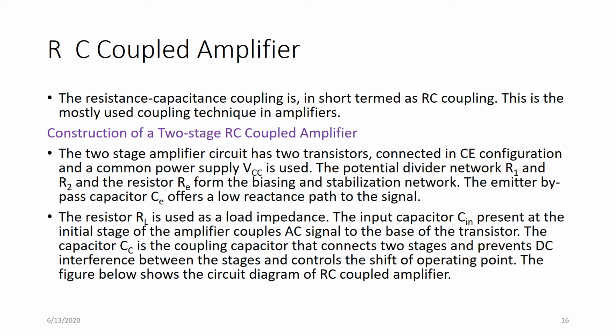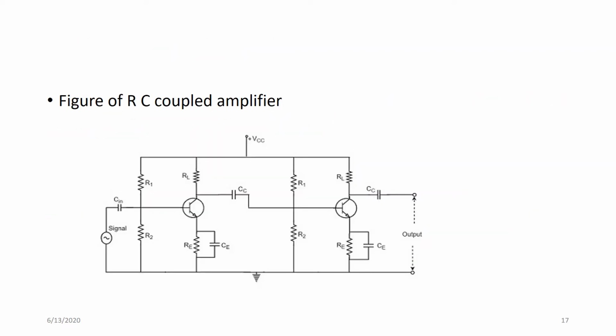The following figure shows the circuit diagram of the RC coupled amplifier. So here we can see a common power supply voltage. This is stage 1, stage 2. They are connected through a coupling capacitor Cc.